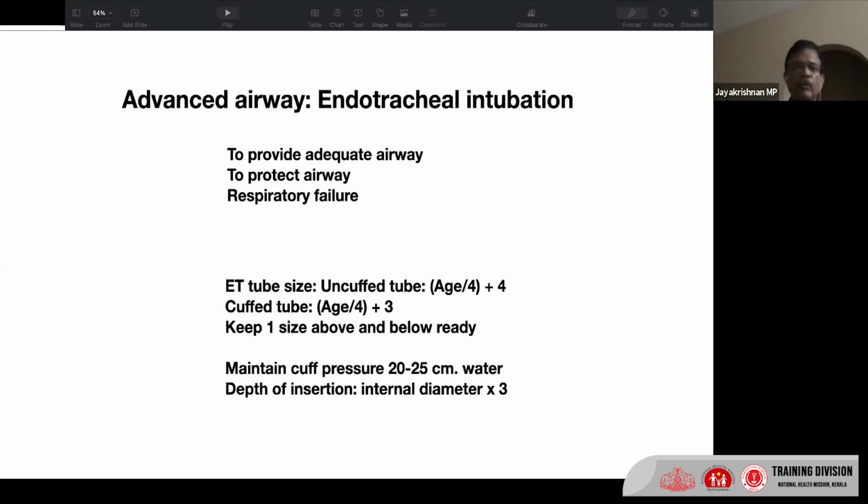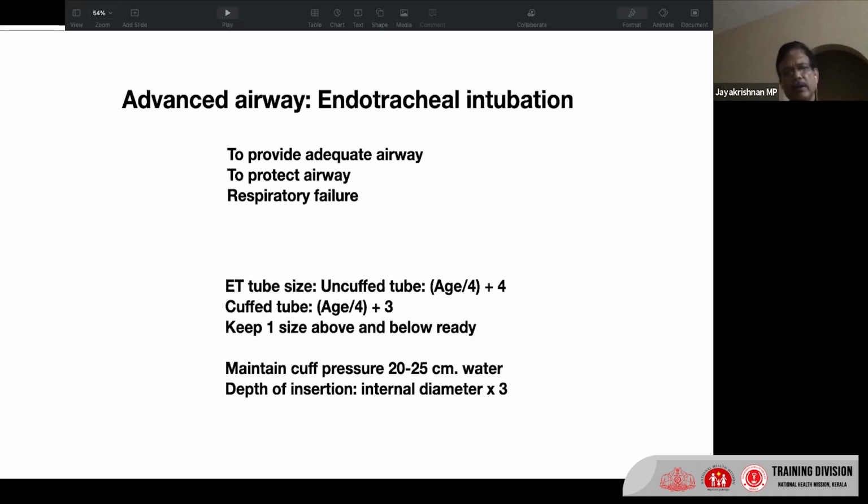Or you may have to intubate to protect the airway in a person who is unconscious, GCS, Glasgow Coma Scale, less than 8. They cannot protect their airway, the cough reflex is not there, so aspiration is most possible. You may have to intubate. Or obviously respiratory failure, like the first child we saw, who was in an advanced state of respiratory failure. They will need endotracheal intubation.